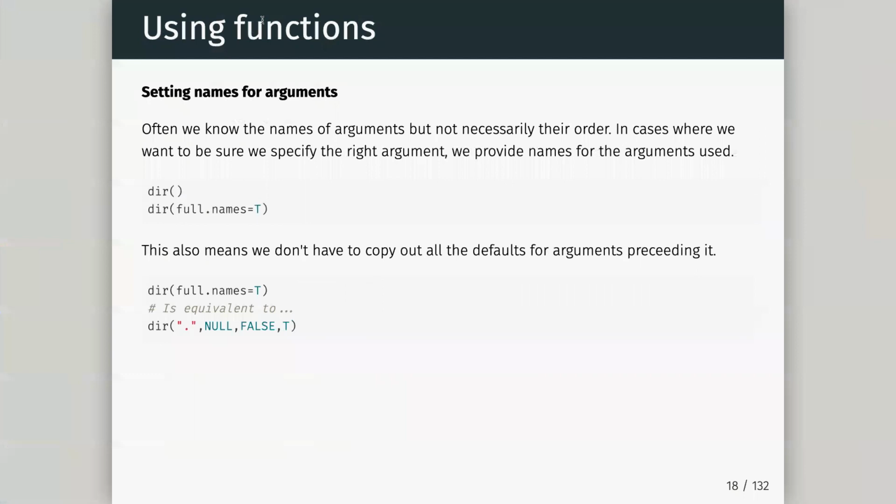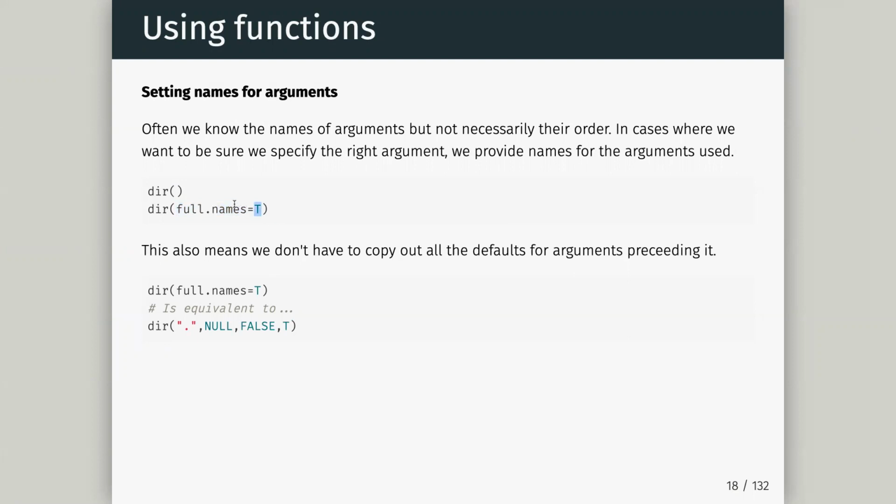You will know the order, you will know the names, so you won't have to go to the help page. What I really want to show you here is that when you do want to update or change an argument, in this case, I want to run this directory function, but I want to ask for full names equals true, full.names equals T here. I just need to specify the name of the argument, and then I can tell it what the option is.